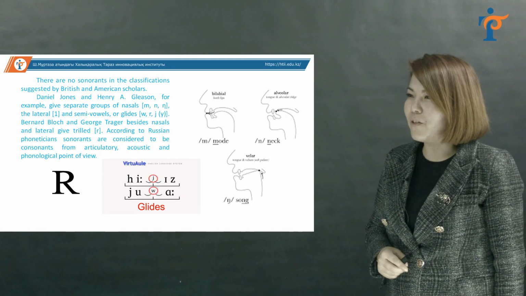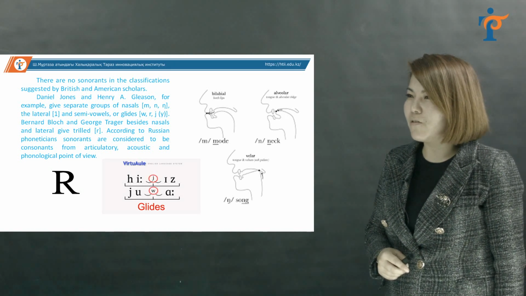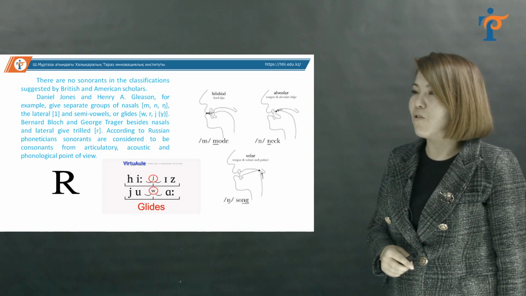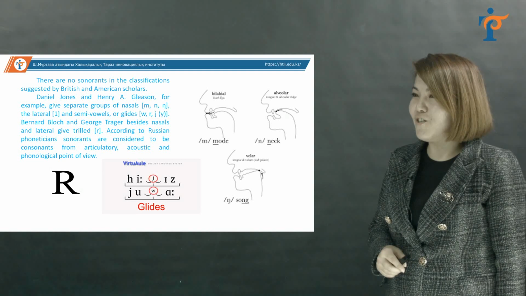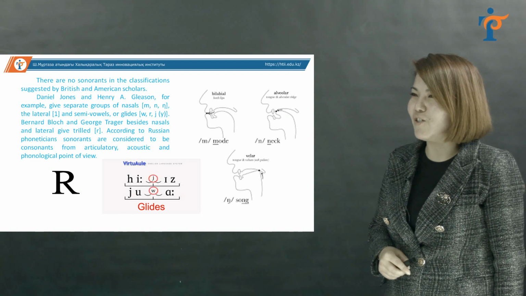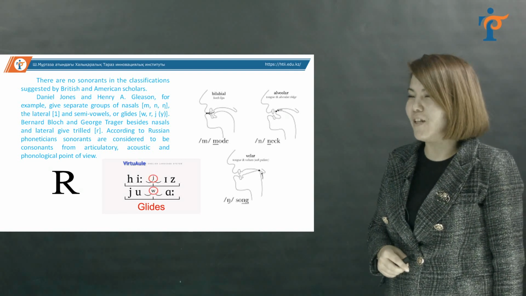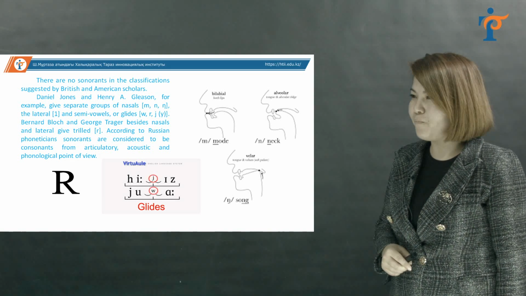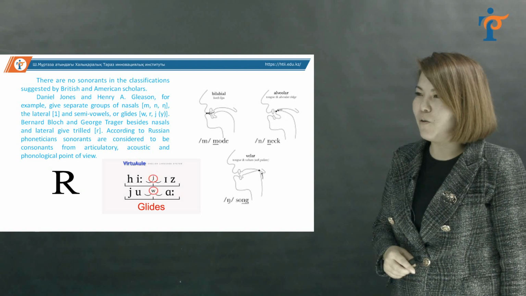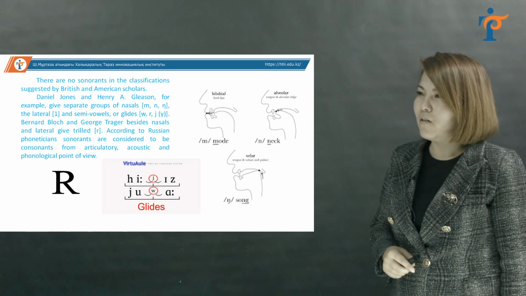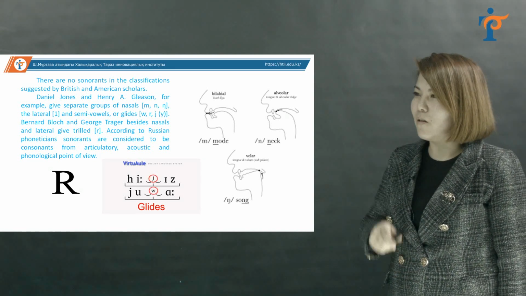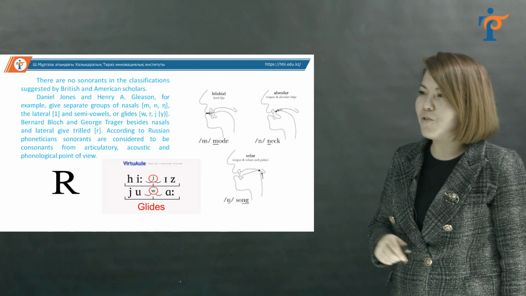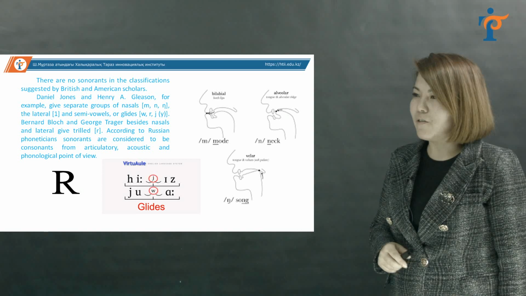Bernard Bloch and George Trager, besides nasals and lateral, give trilled r. According to Russian phoneticians, sonorants are considered to be consonants from the articulatory, acoustic, and phonological points of view. You may see all this on our figures that are shown here, the glides and nasals.